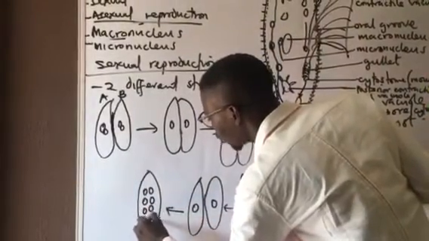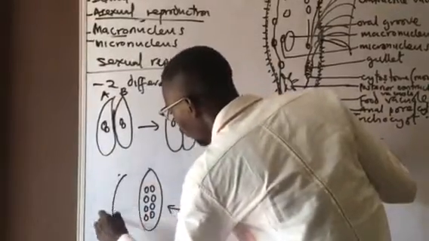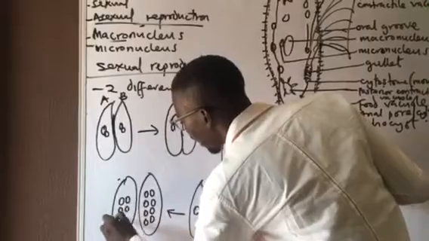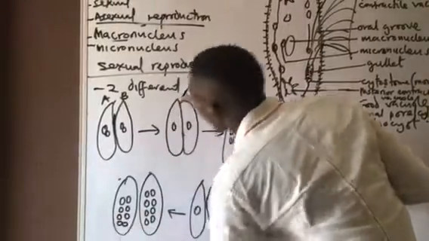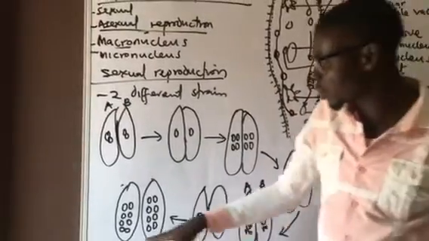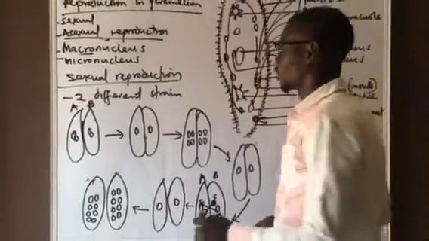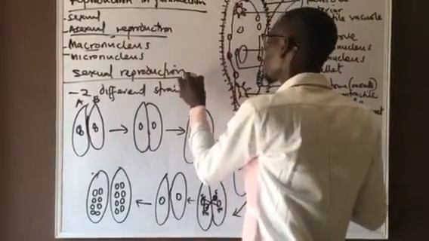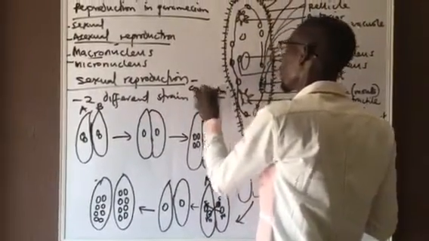Each of the ex-conjugants will carry out division to form 8 nuclei each. That is 4 micronuclei and 4 macronuclei. That is what is referred to as conjugation. We said that sexual reproduction in Paramecium occurs by conjugation. So this is conjugation in Paramecium.